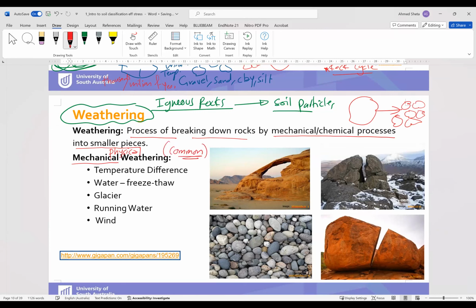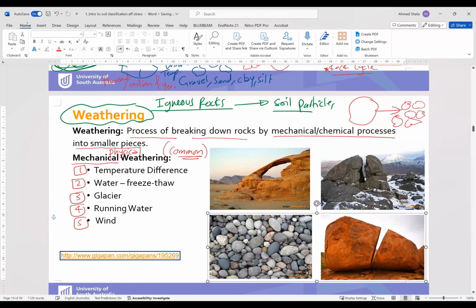Most rocks break down due to mechanical weathering. For example, we have temperature difference, water freeze-thaw, glaciers, running water, and wind. I will just try to add a slide here to explain that.